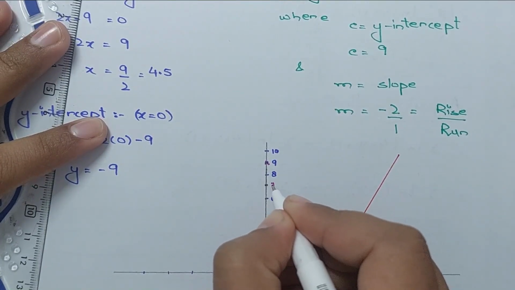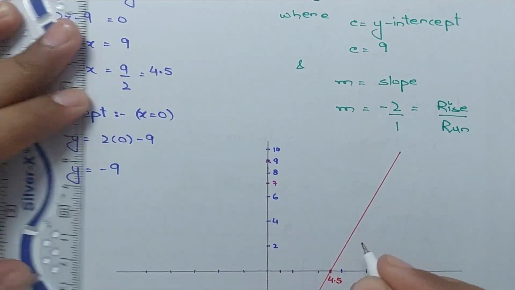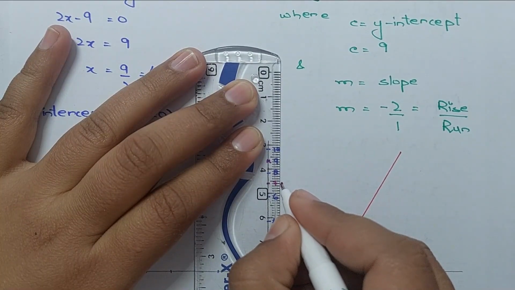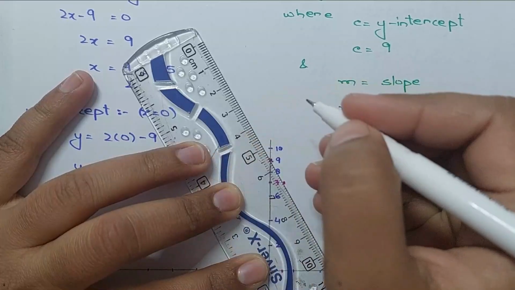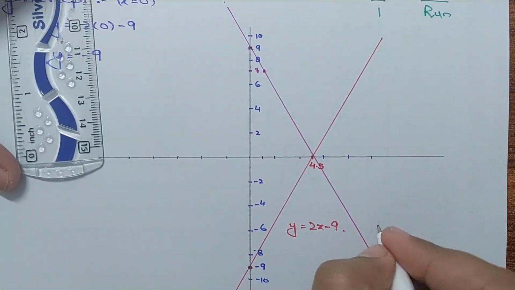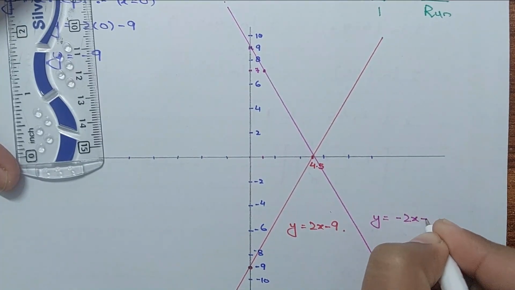So we are at number 7 and you have to run 1 unit to the right. Now we are at 1, 7. This is your second point. Connect these two. This purple one is a graph for y equals minus 2x plus 9.